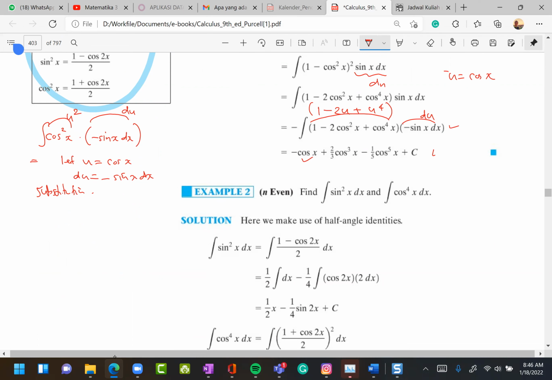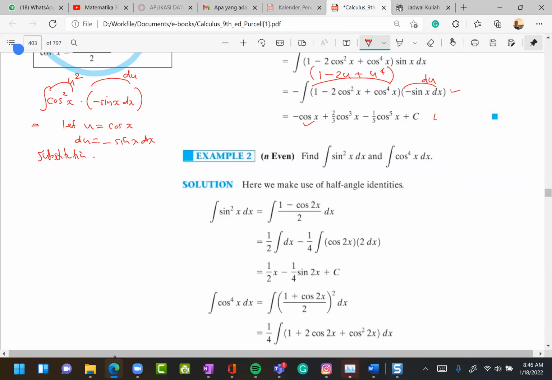I would say half angle identities or double angle identities, doesn't matter. You can get rid of the square by doubling the angle, or you can make this into a square by halving the angle. Doesn't matter how you see this one. So you get rid of the square, you get this one, and here you can directly integrate.